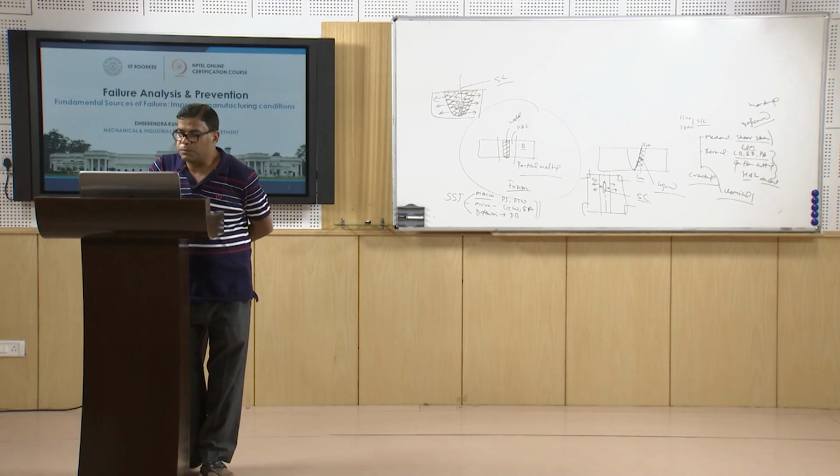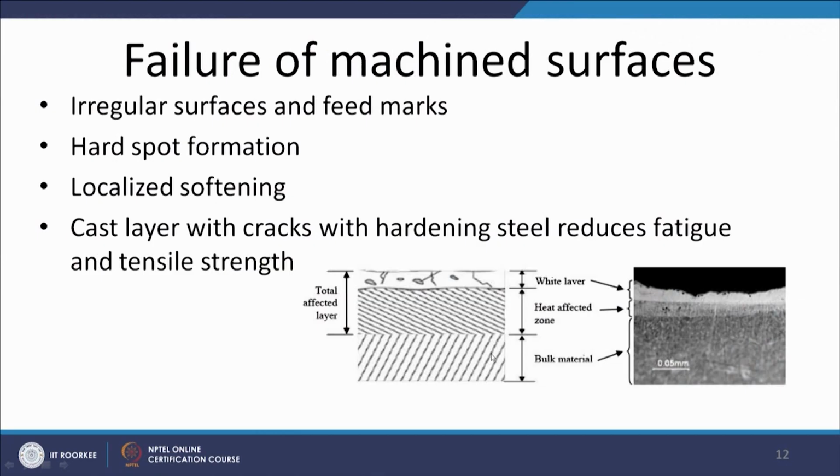If the component is processed using a thermal energy based approach, then this is the bulk material, then there is a region which is affected by the heat, and one layer present at the top. This is a schematic diagram showing the top layer as a cast layer or recast layer, and this entire zone can be termed the heat affected zone, and below that we have the bulk material.